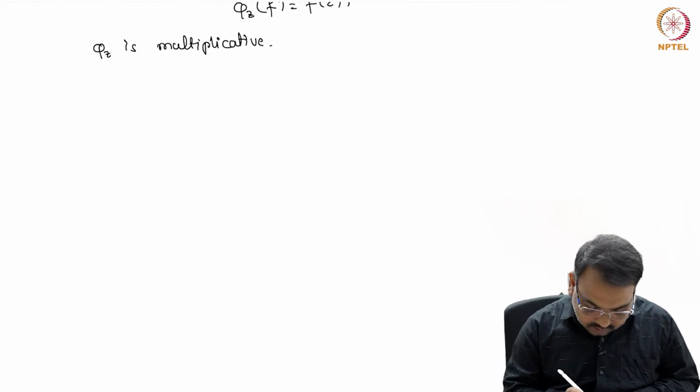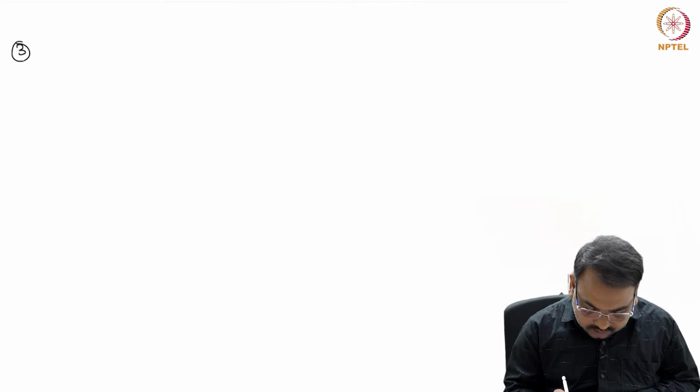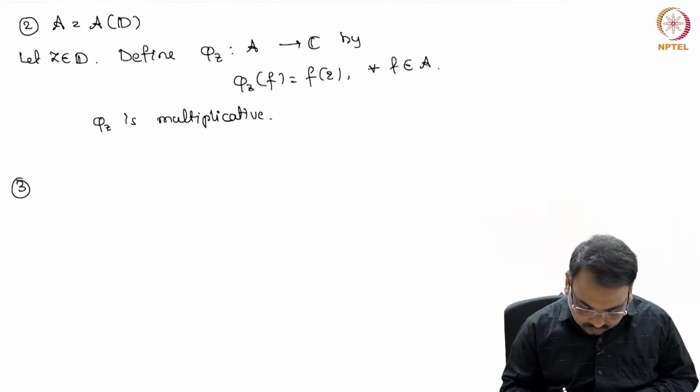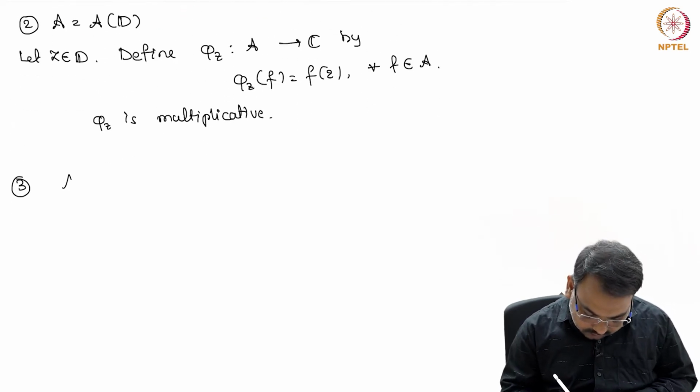So let us see one more example. Let us take A to be M_n(C), n bigger than 2.